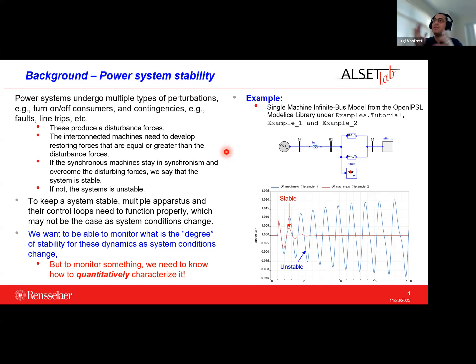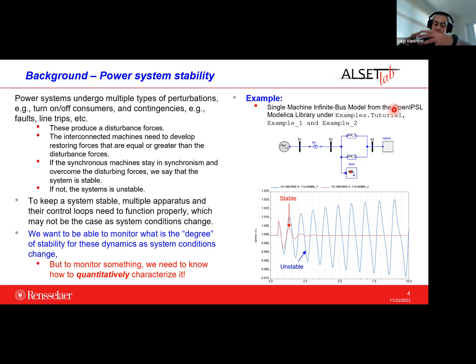So basically what we want to be able to do is to monitor this degree of stability for the dynamics of the systems, and to monitor something, we need to do it quantitatively, right? So in general, when you study these problems, here you have a power plant. This comes from a library of modeling for power grids called OpenIPSL that is developed by me and my team.